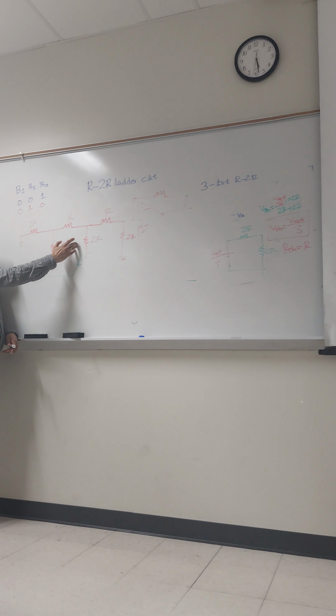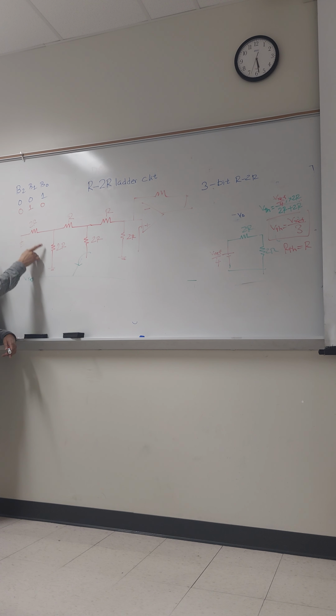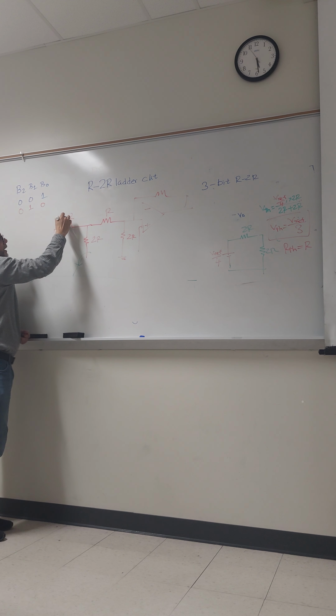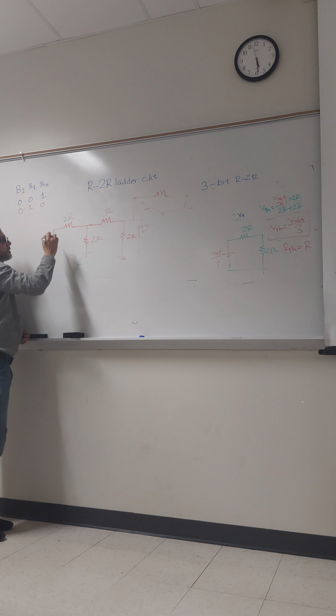But until here, we can see these two are in parallel, from here to here is ground, from here to here ground. So if the resistors are in parallel, they become only R. Now these two resistors are in series, so they will become 2R. So this is the first thing we already got.